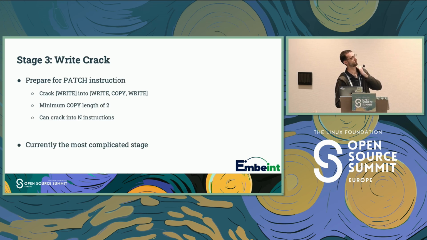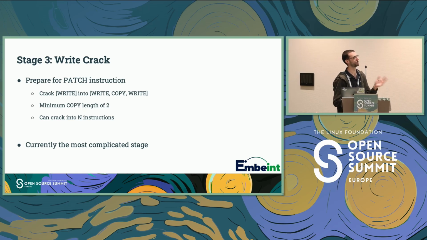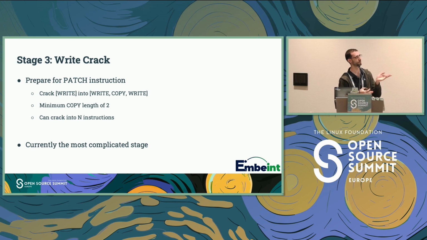The next step is to prepare for this patch instruction. The first step has some minimum length for finding copies. You don't want to try and find a 2-byte run somewhere, because when you encode that patch, you'll spend 5 bytes encoding the address shift just to copy 2 bytes when you could have just written the 2 bytes in the first place. So first we crack these single write instructions into writes, copies, and then writes, which gives us the right structure to apply the patch file to later.